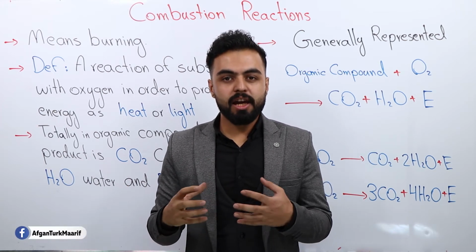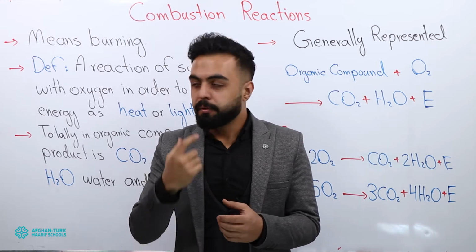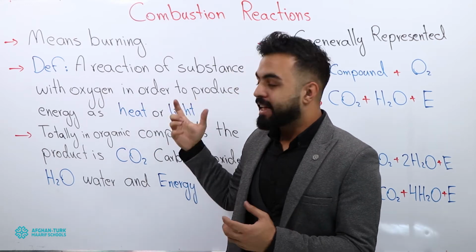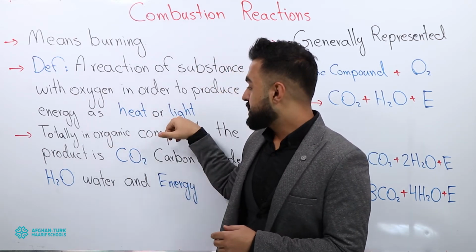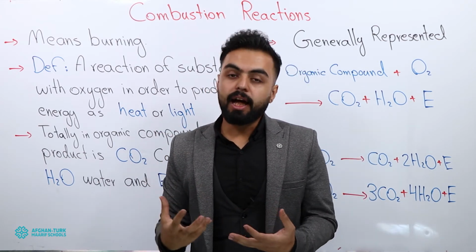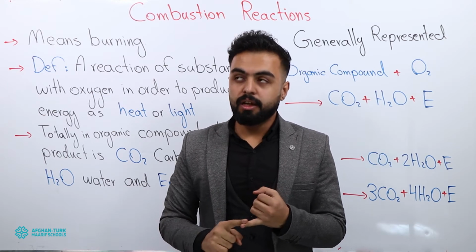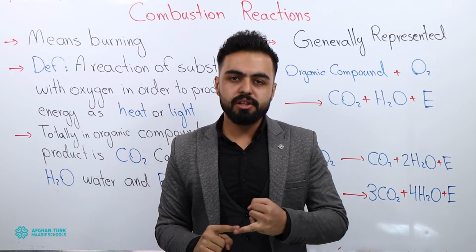So most of the time when there is no oxygen, nothing will burn. So oxygen is important, and we produce energy as heat or in the form of light. Oxygen is one of the important parts of this kind of reaction, and producing energy is also an important part.